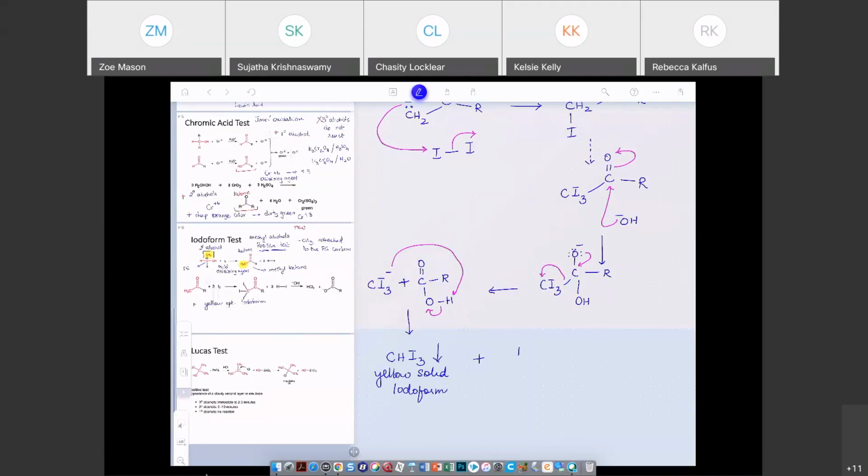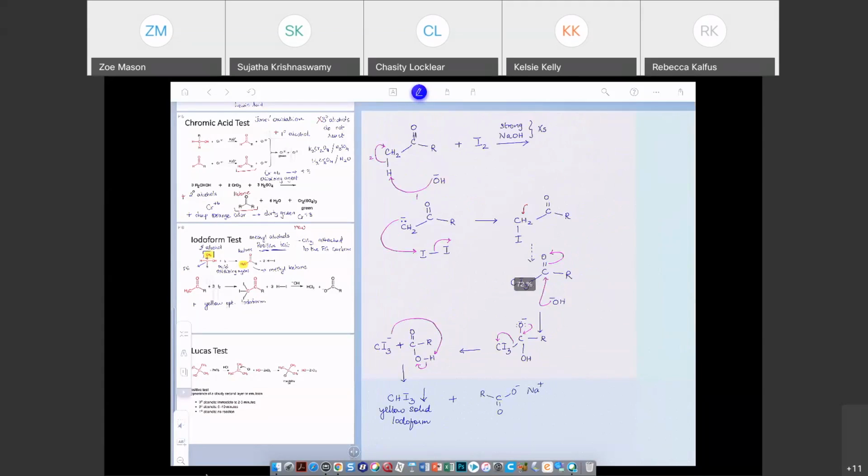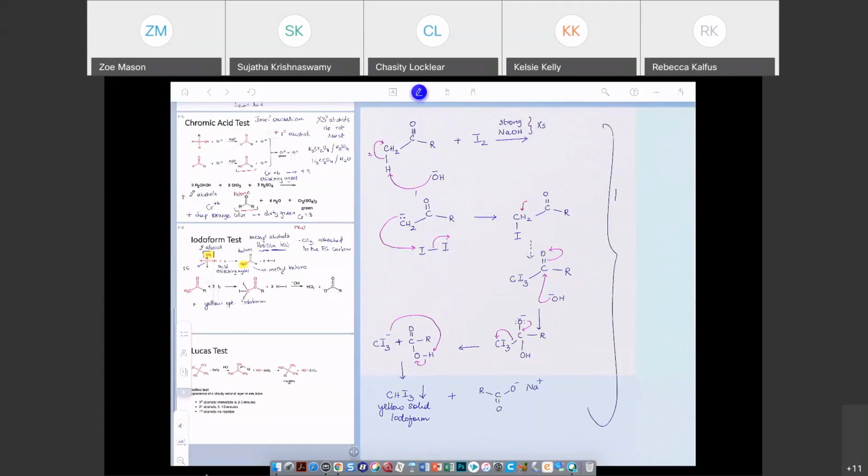And then, of course, your side product is going to look like this. So I'll bring the whole thing on the screen here. This entire thing is called the iodoform reaction. We do study this, and it's an important reaction. It will give you a nice crystalline yellow precipitate. Then you know you have an alcohol, but not just that.